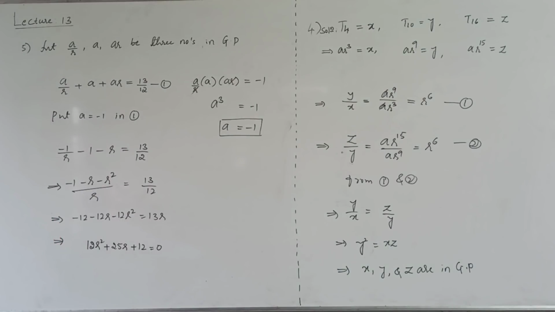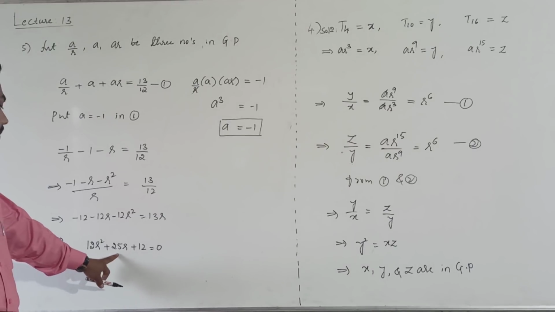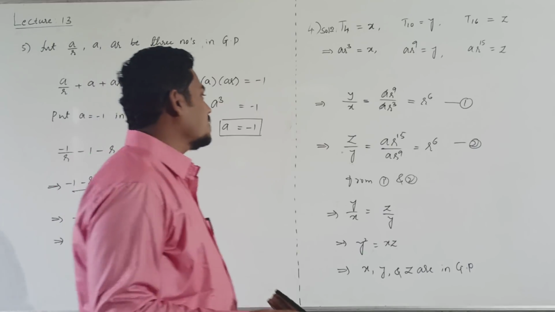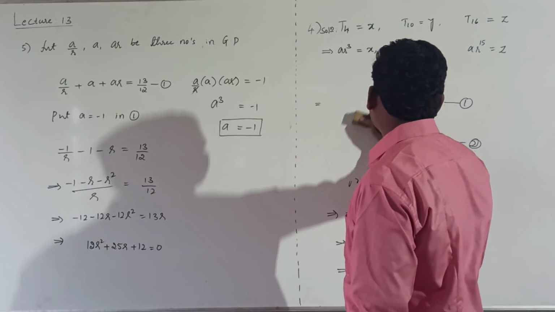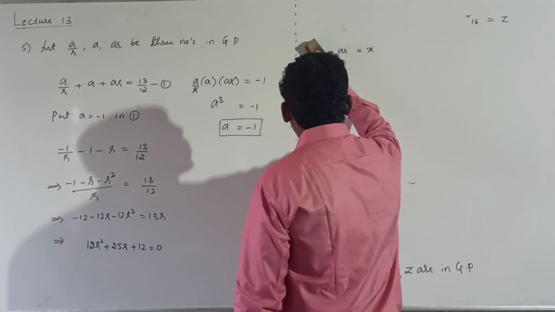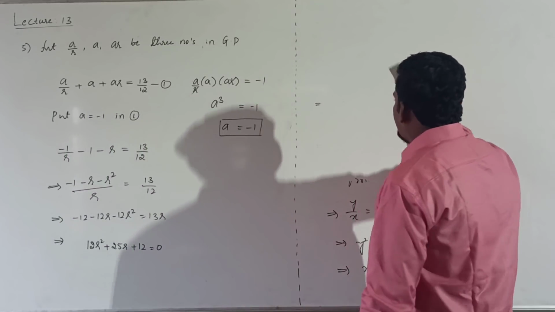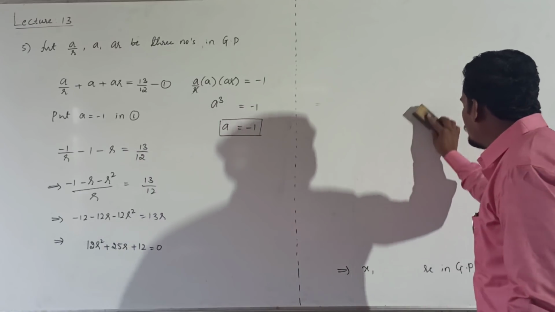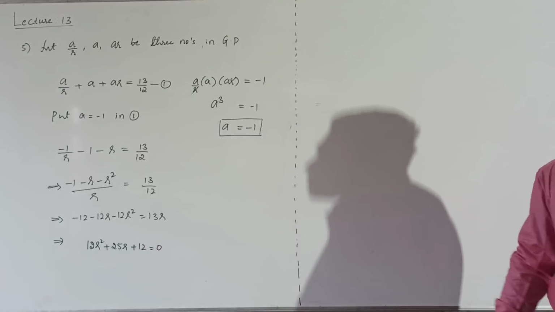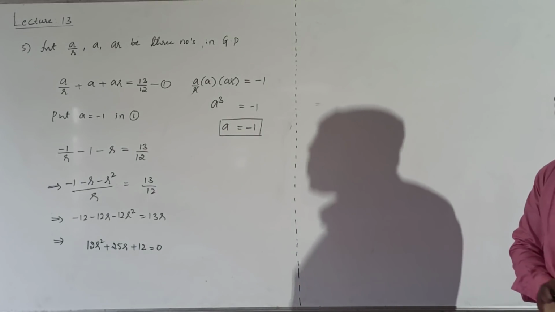We get a quadratic expression in R. Just solve this quadratic expression either by using the formula or by factorization, because we need to find the common ratio and terms of the GP.